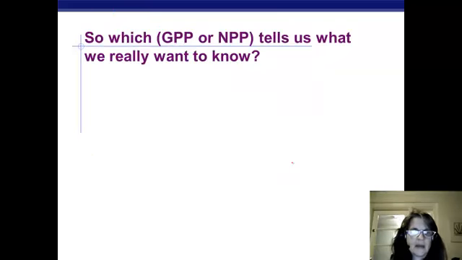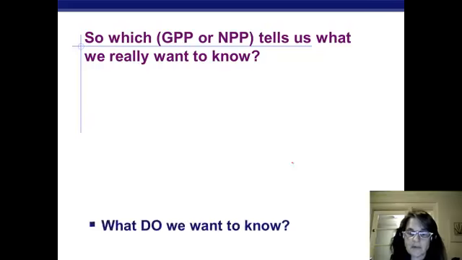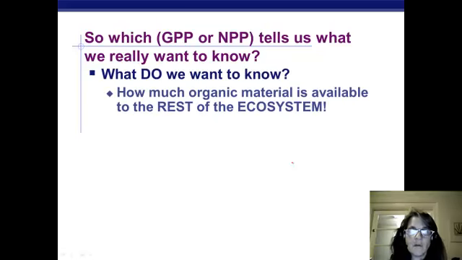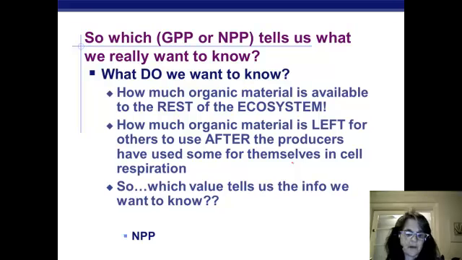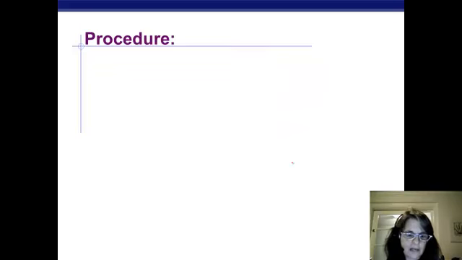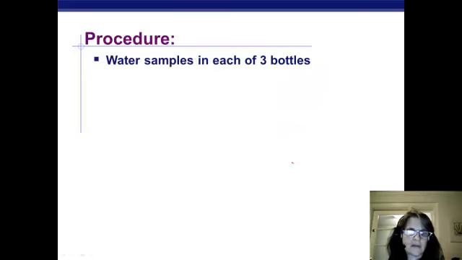Okay? Now, which of these tells us what we really want to know? What we want to know is how much organic material is available to the rest of the ecosystem in order for that ecosystem to be productive. And so that is given to us by net primary productivity. Okay? How much organic material is left to go up the food chain is net primary productivity.